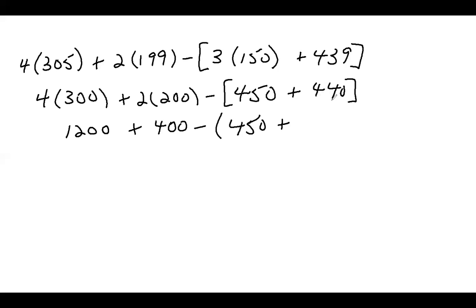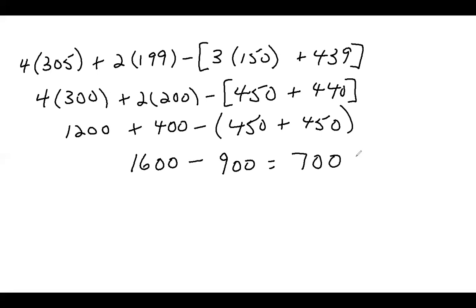I'm just going to round that to 450, because it's close, it's going to be easier, and I'll get an answer that is close enough. So 1200 and 400 is 1600, minus 450 and 450, 50, 50 is 100, plus 4, plus 4, so I get minus 900. So this gives me a value of 700, whatever units we have.